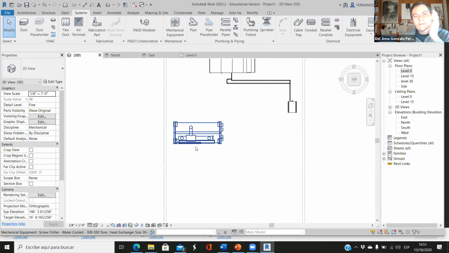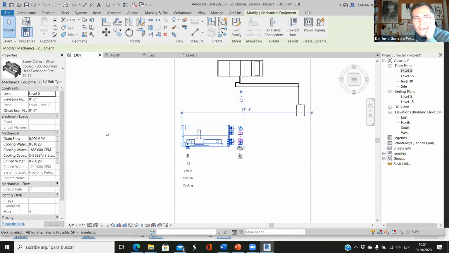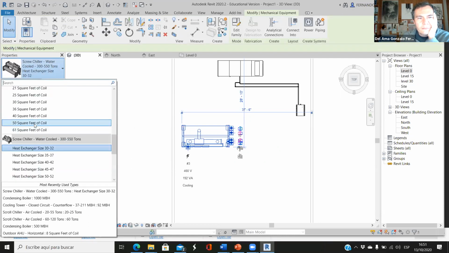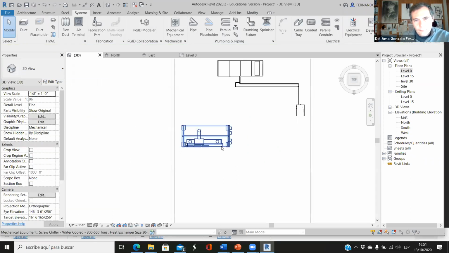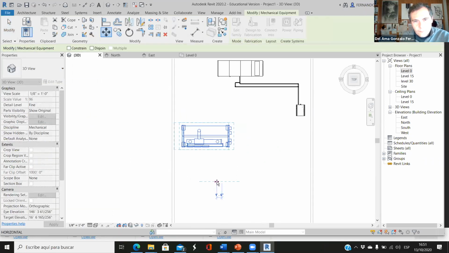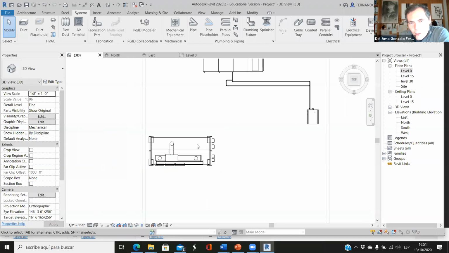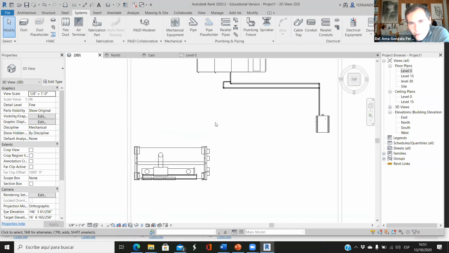But let me, yeah, this is too big. This is the smallest. Okay. I don't want a lot of elbows, so that's why I try that this inlet is not matching this, because I want to reduce the number of elbows and all that stuff, okay?